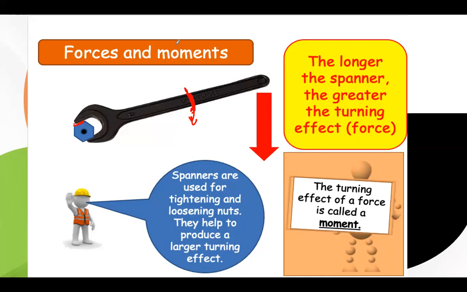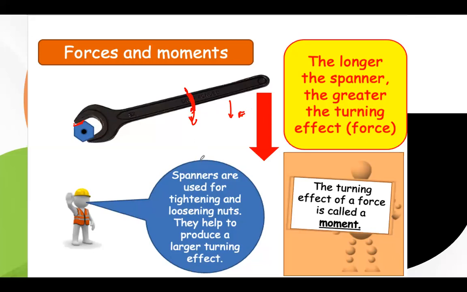So it is the effect of the turning of a force. Let's say the force acts in this direction, vertically downwards. Because the force is moving downwards, there's a turning effect of the spanner.